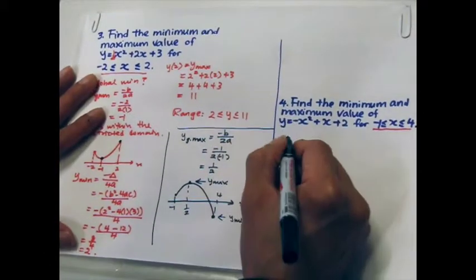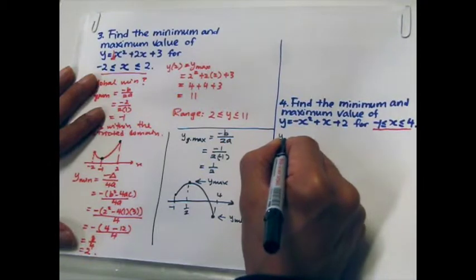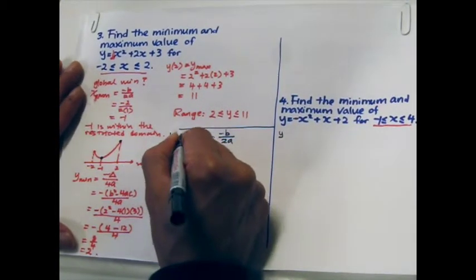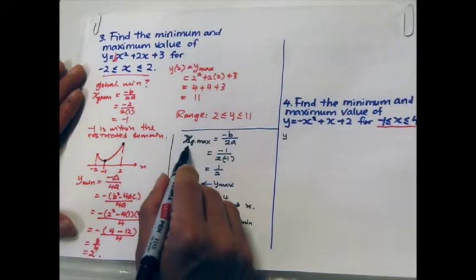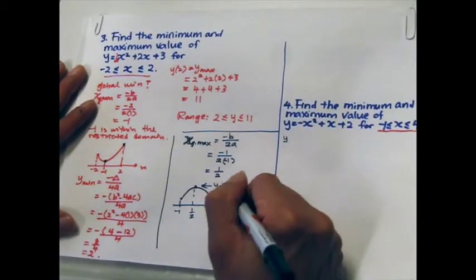So what's y max then? Not y global max. Oh, sorry, this is the x value, not the y. My apology. This is the x value of the maximum, which is half.